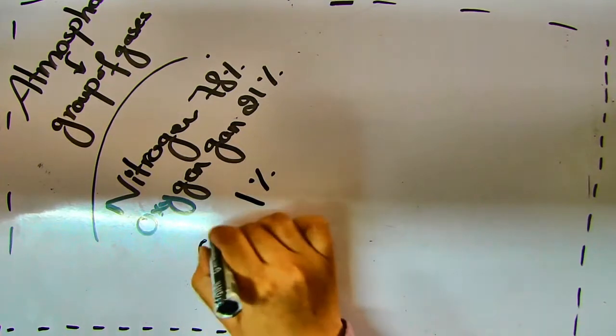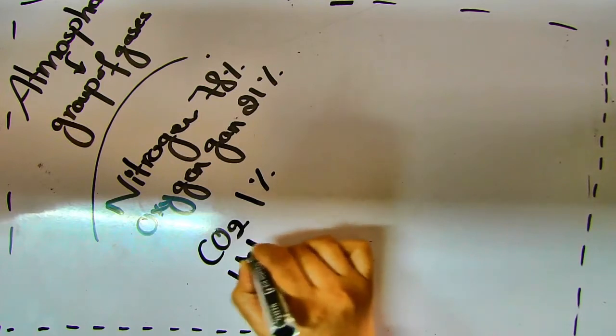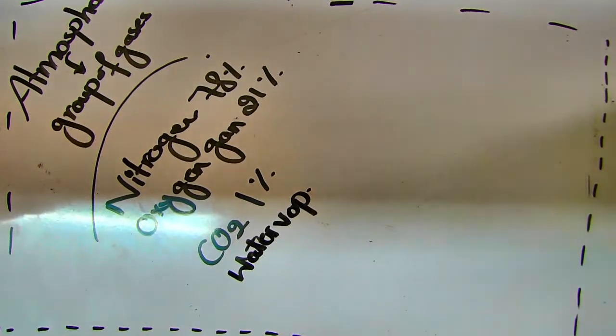Carbon dioxide, water vapor, other gases, 1%. Importance of atmosphere. First, it protects the earth by absorbing ultraviolet rays.